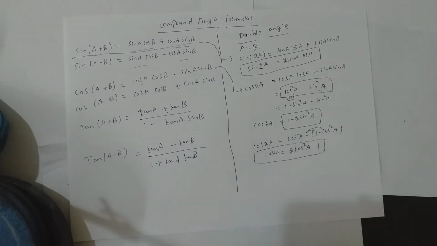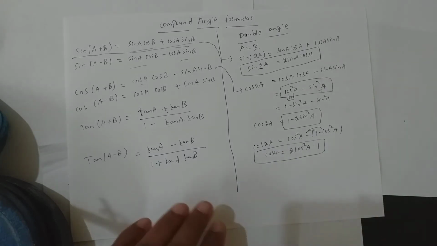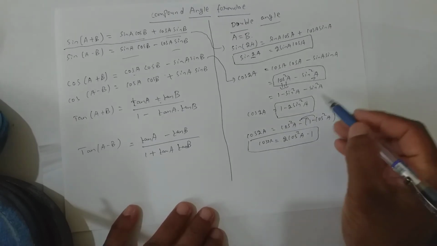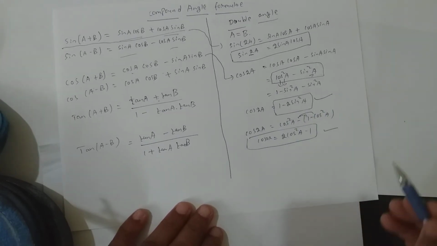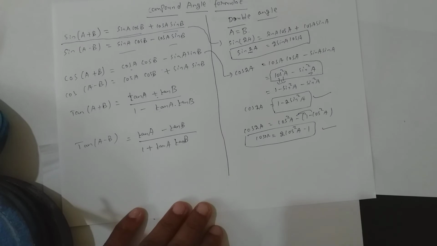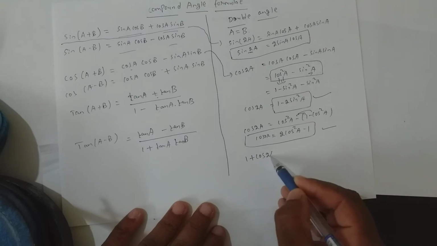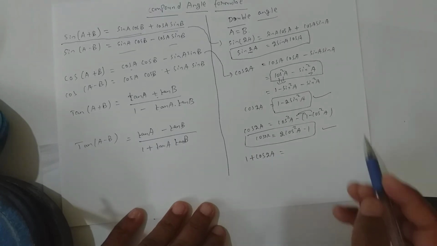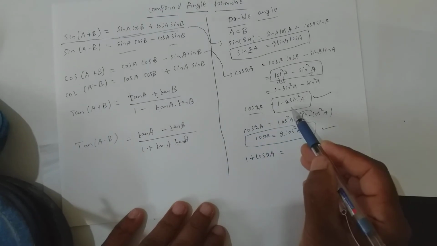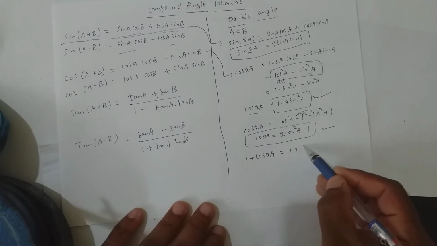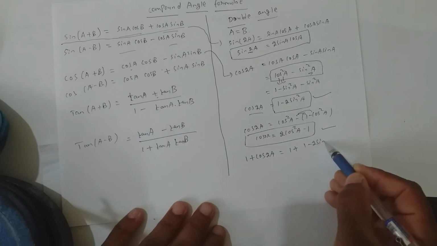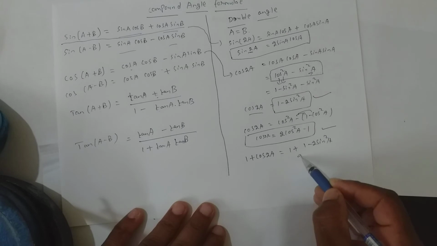Am I clear? Now, in what cases do you need to use this one, and in what cases this one? How do you determine that? It is this way. Let us say you have 1 plus cos 2A. If I use the formula 1 minus 2 sin square A for cos 2A, will the 1 get cancelled? 1 plus 1 is becoming 2.